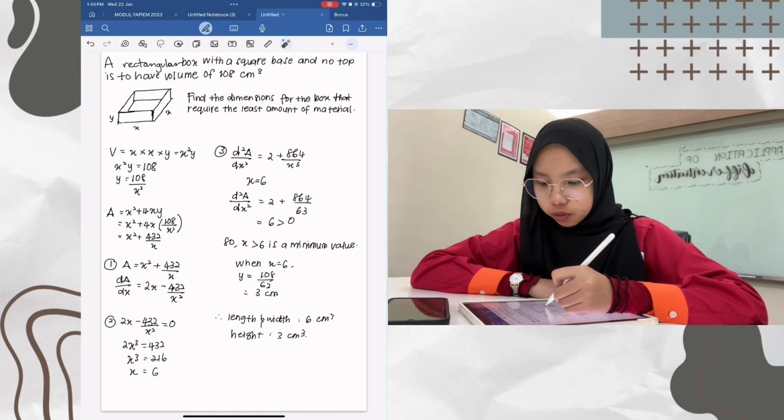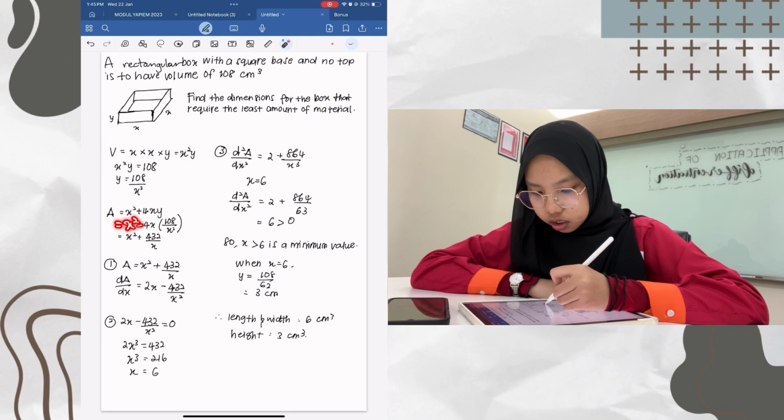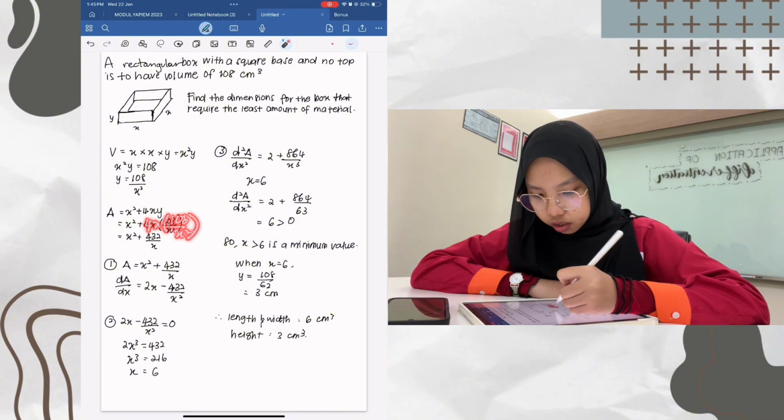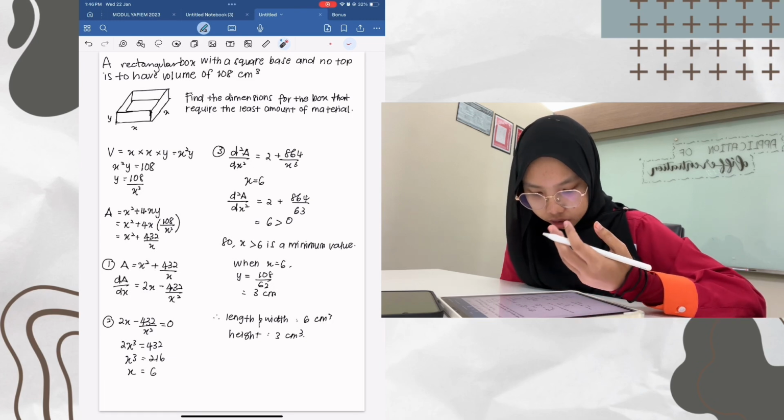Then we substitute the value of y into this equation, and it's equal to x squared plus 4x times 108 over x squared, and lastly the area equals x squared plus 432 over x. We will find the minimum.